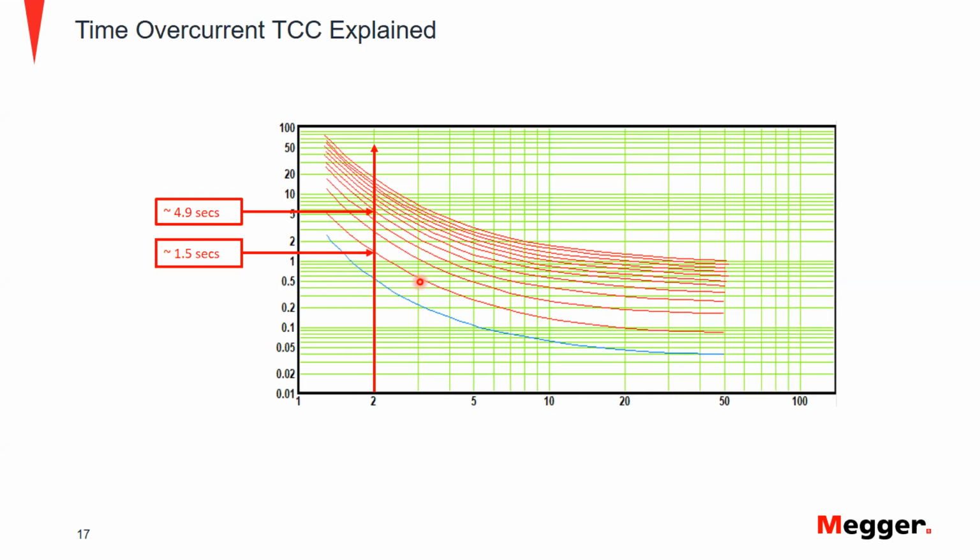And that just means that we can still apply a specific time, but the current level might be a little different. It's going to be increased, actually. So it depends on where you want to go within the curves, but the inverse curve works the same way, whether we're using constant time or constant current multiple.